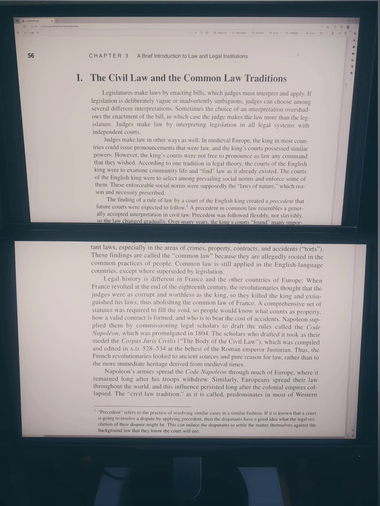In this adversarial process, the judge acts more or less as a neutral referee who makes the lawyers follow the rules of procedure and evidence. The principle underlying the adversarial system is that the truth will emerge from a vigorous debate by the two sides.